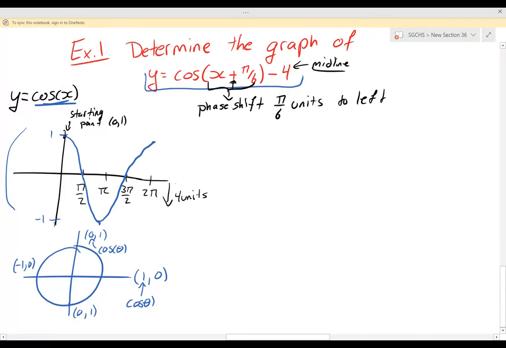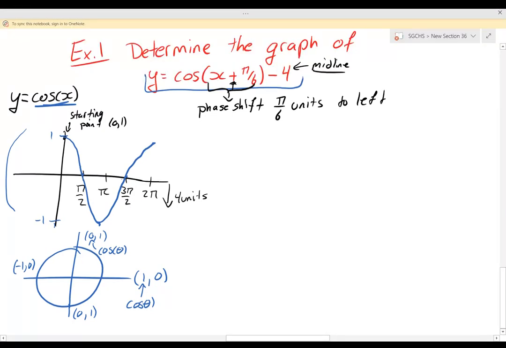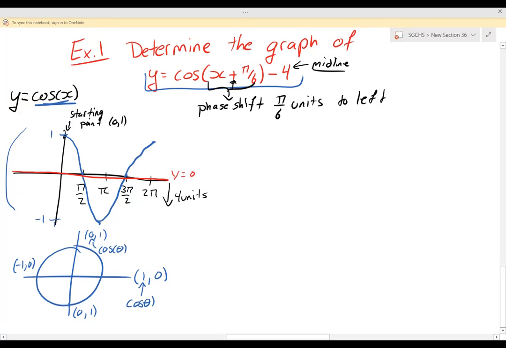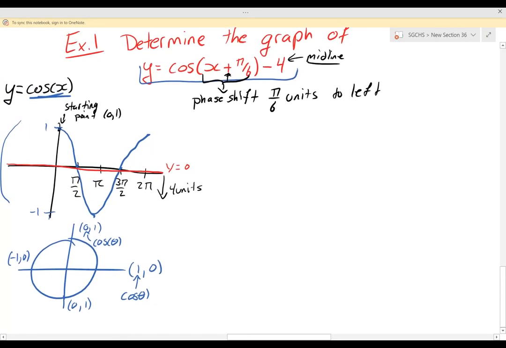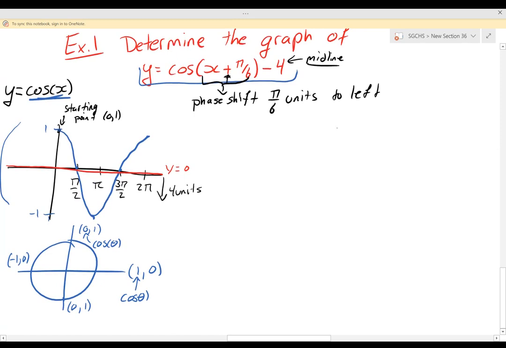So recognize on a regular cos x equation, we have our midline found right here. This is y = 0. Well, now that new midline is found at y = -4. So we can start to graph this thing fairly easily.